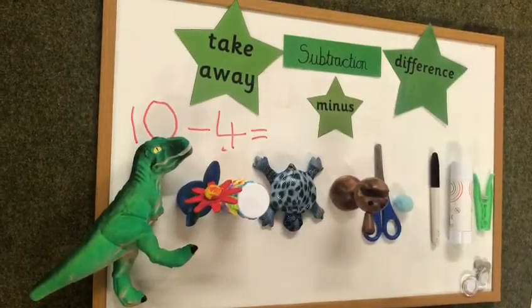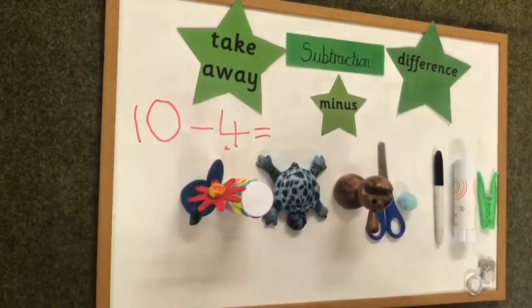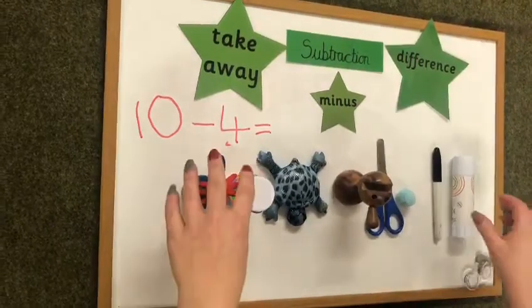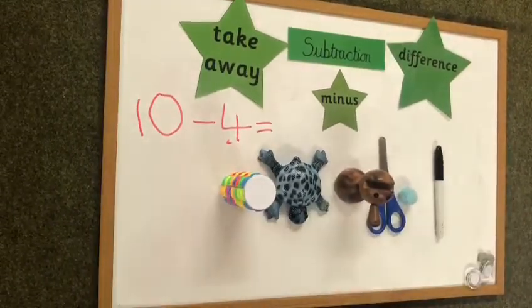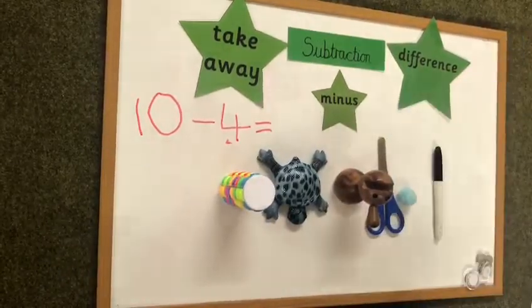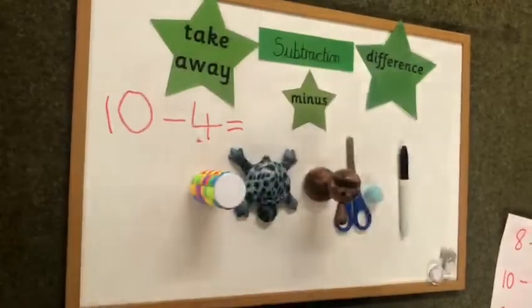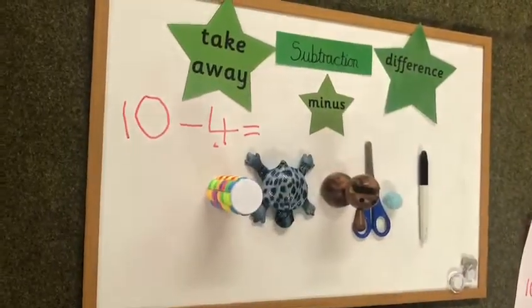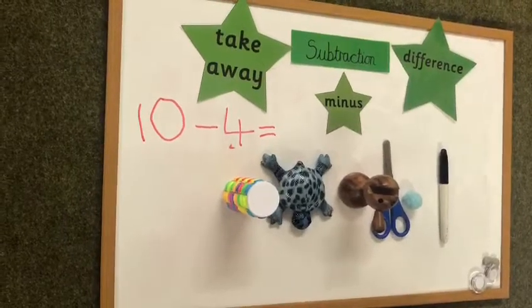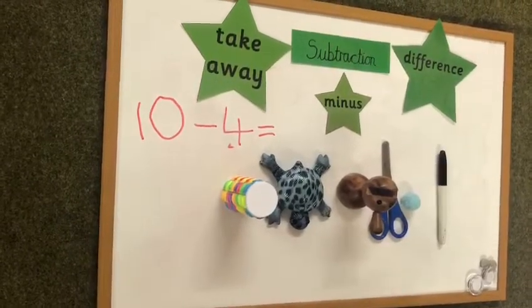So I'm going to take away 4 of mine. You can ask your grown-up to take away 4 of yours, or you can do it yourself. I've taken away 1, 2, 3, and 4, and I'm just going to pop them to the side for now. Then all together we can count the objects that we have left.